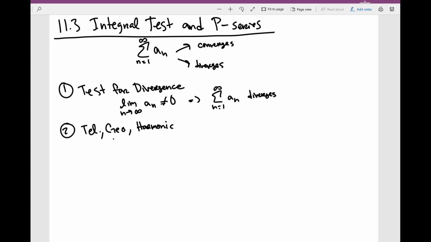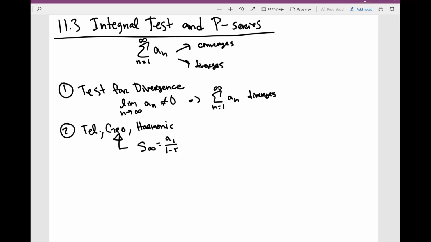Mainly the one you really wanted to figure out was the geometric one. We said that if the common ratio was less than 1, we can figure out the sum of all of these by using this formula, and then we knew that you had a convergent series.